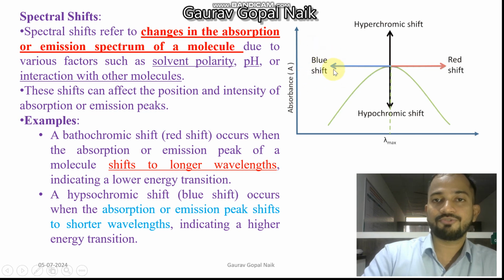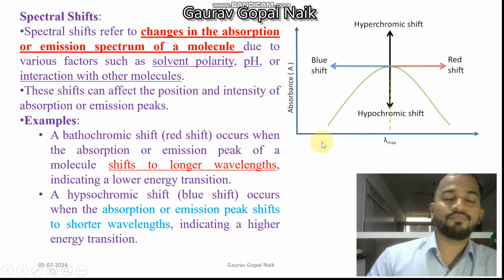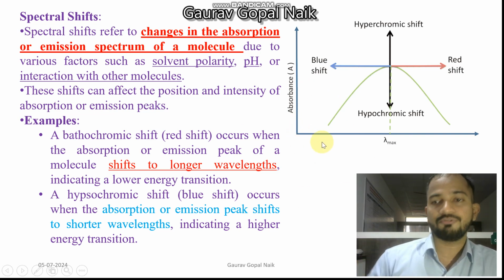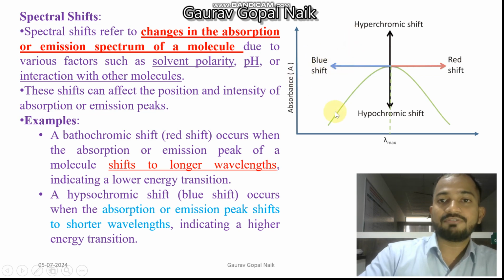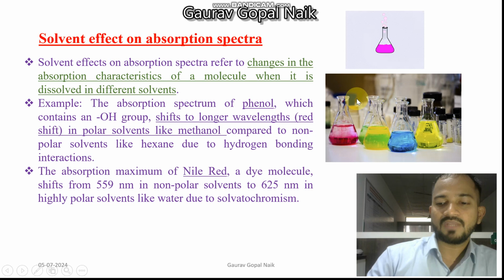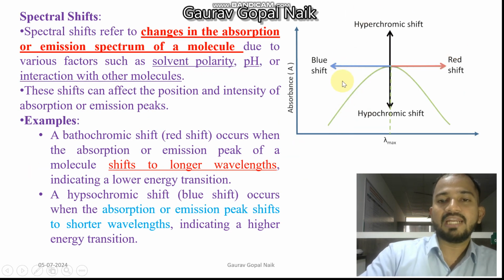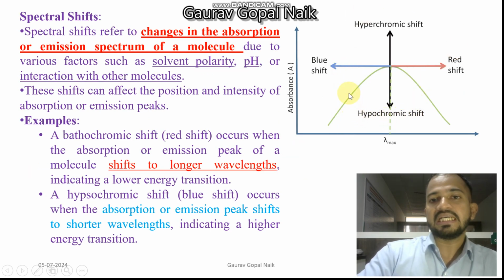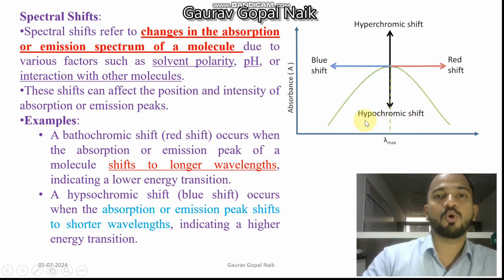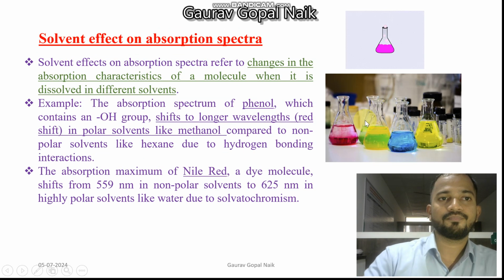And if there is a shift towards the lower, smaller wavelength, we call it blue shift. If there is an increase in the intensity, we call it hyperchromic, and if there is a decrease in the intensity, we call it hypochromic shift.